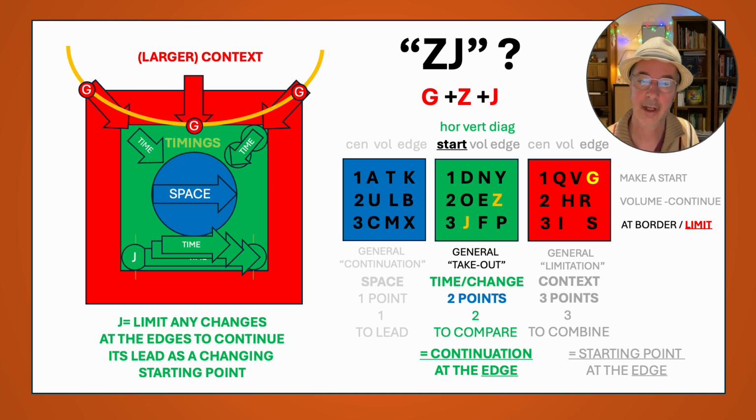J then, that's at the third position in this time frame, so it will be about limits, making limits also. So it has to make a limit this time. The first positions are about making a starting point. The second row is about continuations. The third one is about making limitations.